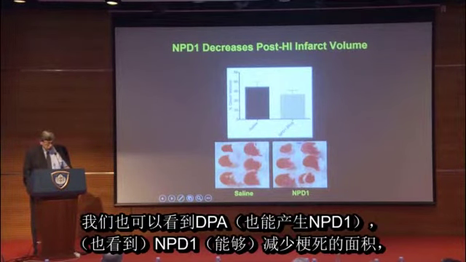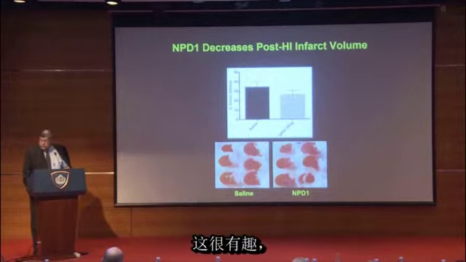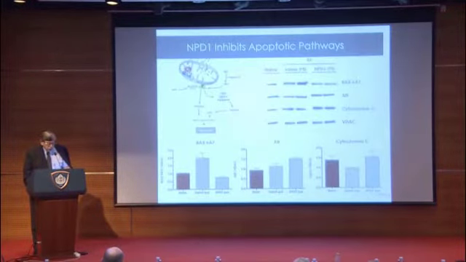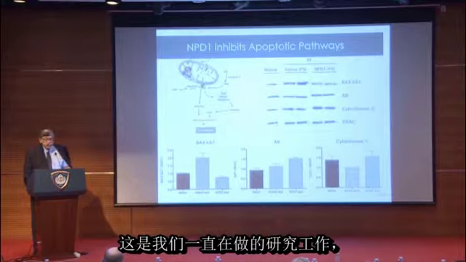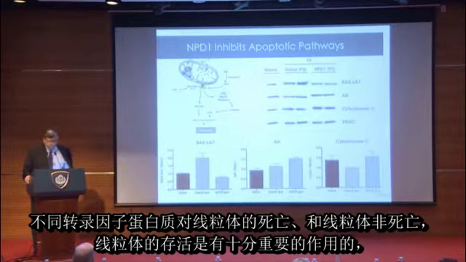We've shown that NPD1 decreases post-infarct volume, but not as much as DHA does generally. That's interesting. That's shown here on top, and then the pictures are below. We're also doing, and this is work of Hilda Zerporli, quite a bit of work on the different transcription factors, proteins that are important in mitochondrial death and mitochondrial non-death, saving mitochondria.